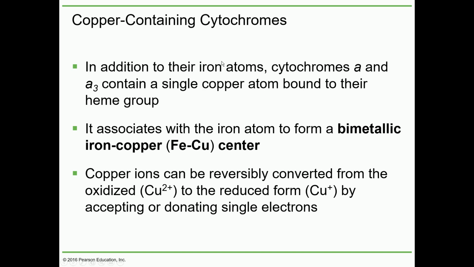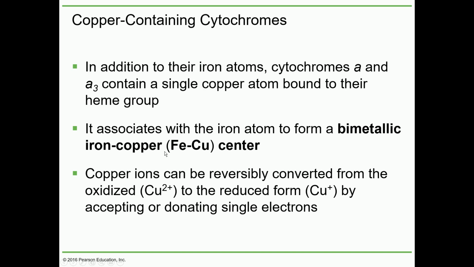They are copper containing cytochromes, and these cytochromes include A and A3. They contain a single copper atom bound to their heme group. So in addition to iron, these cytochromes also have copper.